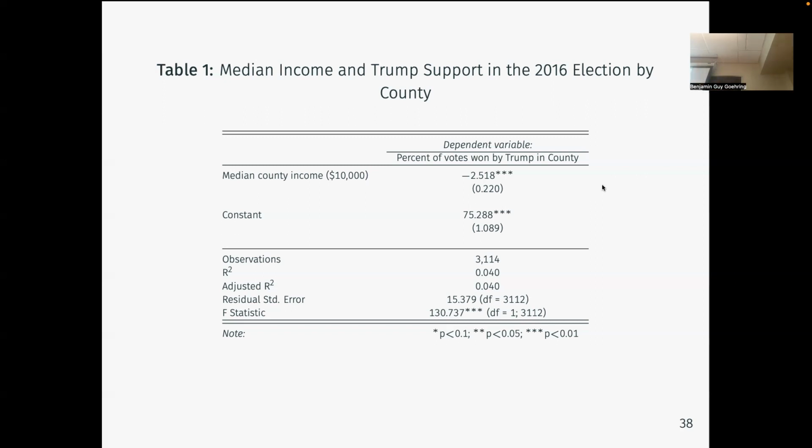R squared is giving you, we usually don't care about this. This is saying how much of our variation in county support for Trump is explained by the variation in median income. Adjusted R squared is because as you add more variables here, which we're going to talk about in a second, this R squared is inherently going to go up.